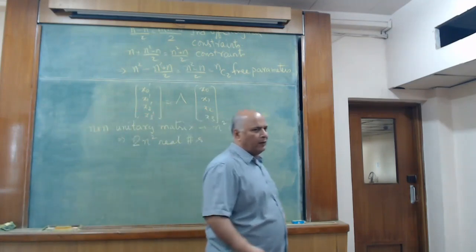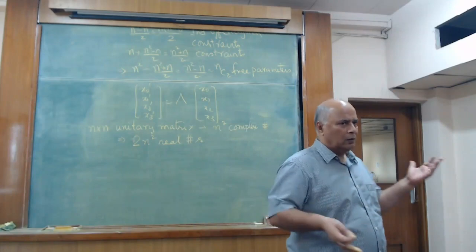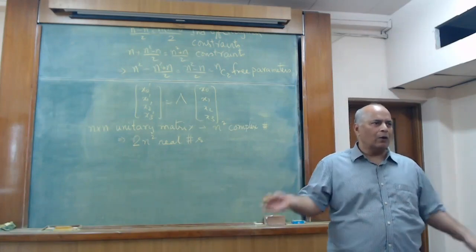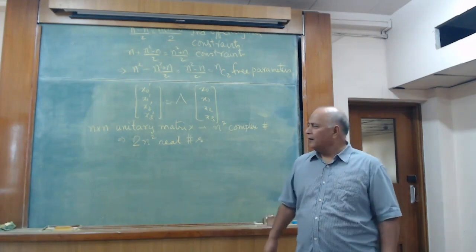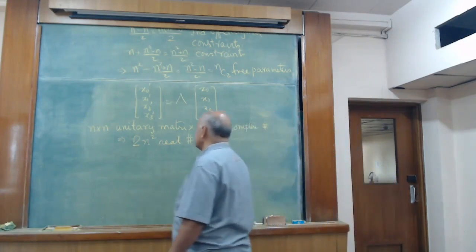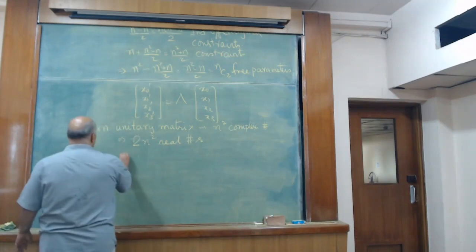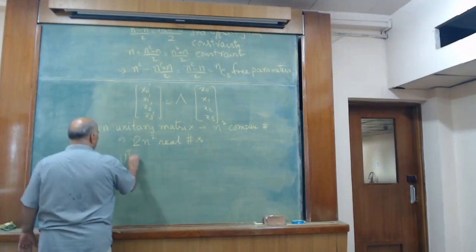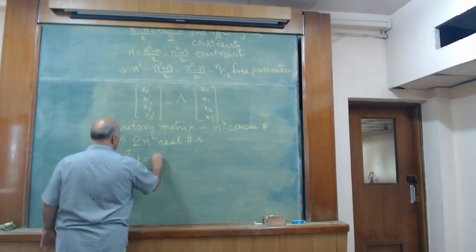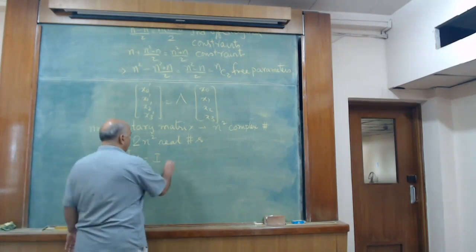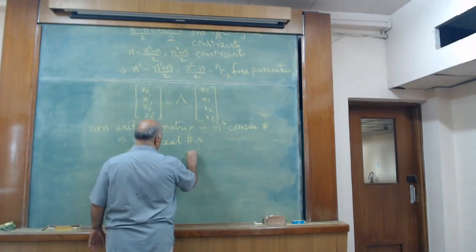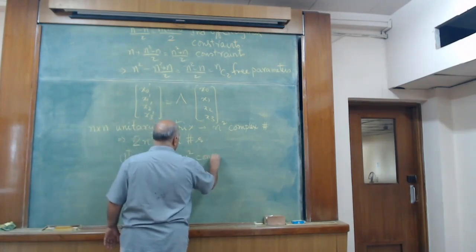But once again, the elements of U are not completely independent. There are constraints, so I need to worry about the number of constraints. So I have U dagger U is equal to identity, and I get n square constraints.